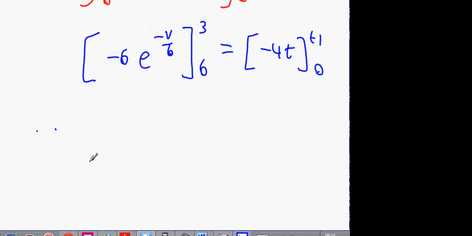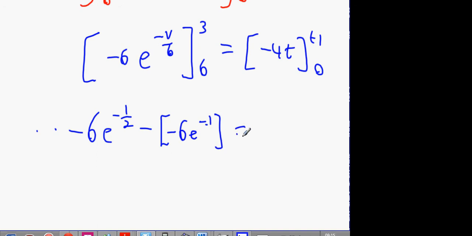Let's integrate. It's going to end up being minus 6 e to the power of minus 3 over 6, which is minus a half, and then we're going to have minus 6 e to the minus 6 over 6, which is to the power of minus 1.